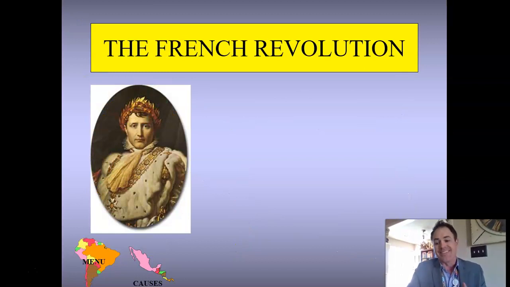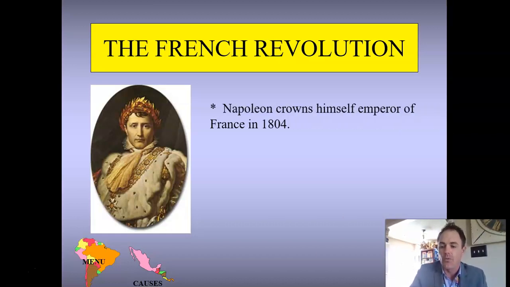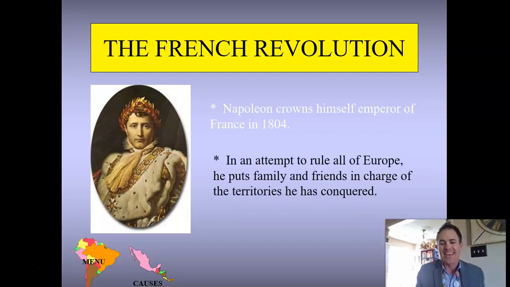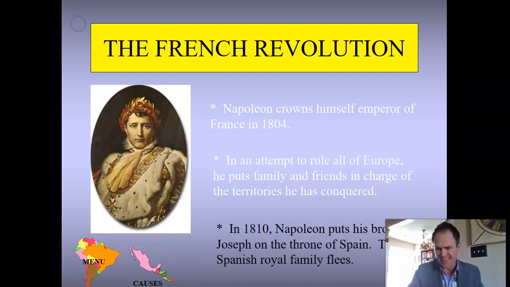All right. Now, these Latin American revolutions begin in the latter stages of the French Revolution, primarily once Napoleon crowns himself emperor in 1804. So remember from our previous lesson, he put his family and friends in charge of the territories he conquered. So I think it was his brother, Joseph, on the throne of Spain, and the Spanish royal family flees.